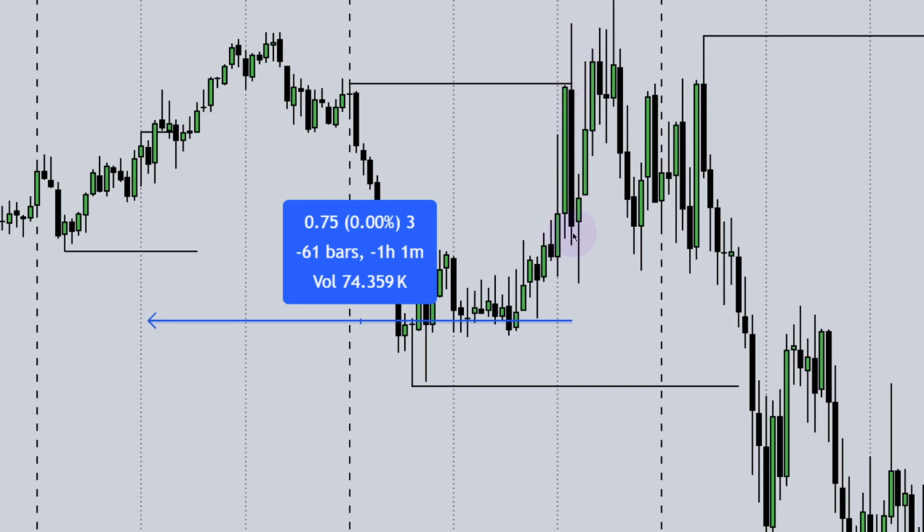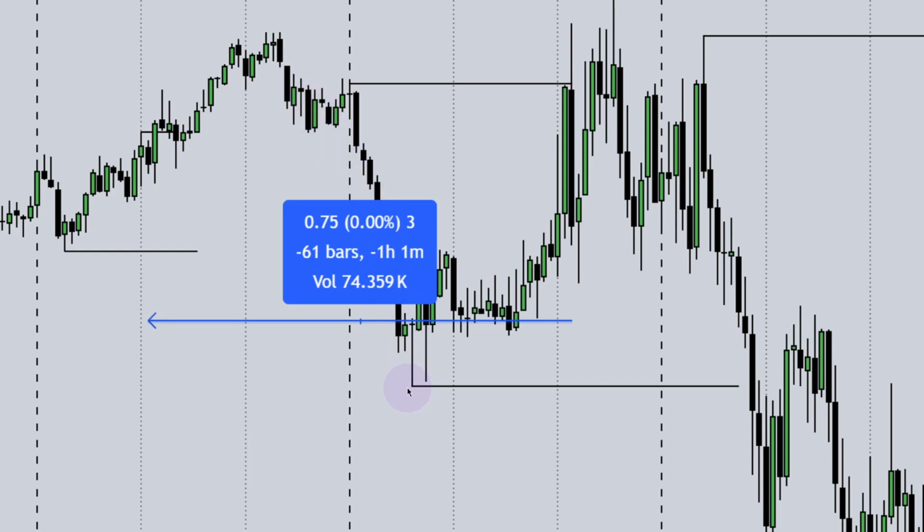And from this candle, 61 bars, looking back at the history, we can see that price swept liquidity right there, some small liquidity area that price swept. Really interesting. Okay, and then we can see a small push higher, and after that a strong push lower.